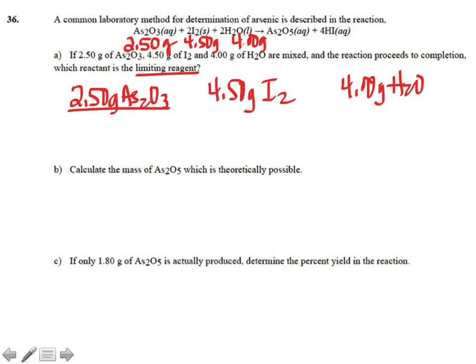The molar mass of As2O3 is 197.84, I2 is 253.8, and water is 18.02.